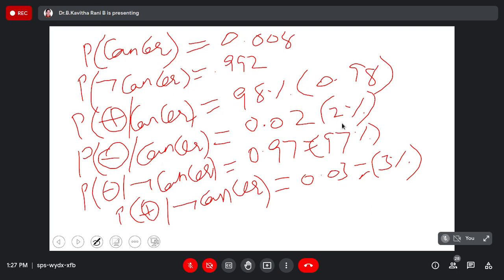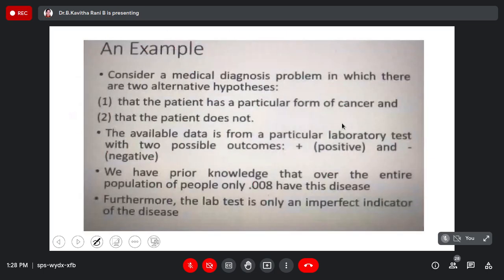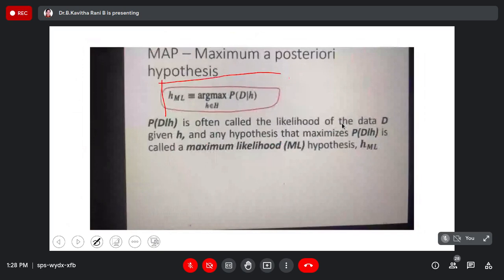That can be done by using this formula. Now whatever values are there, we have to substitute. Here we have to find for positive and we have to find for negative also.